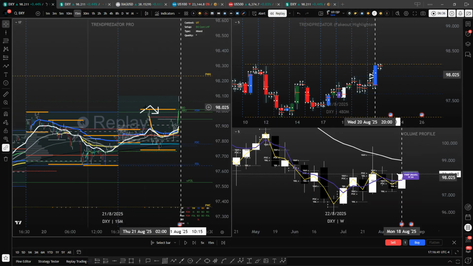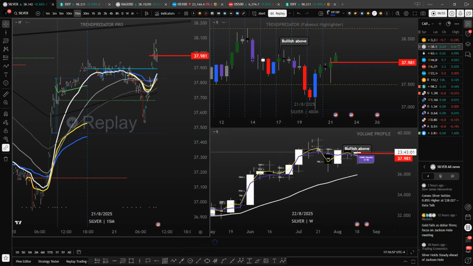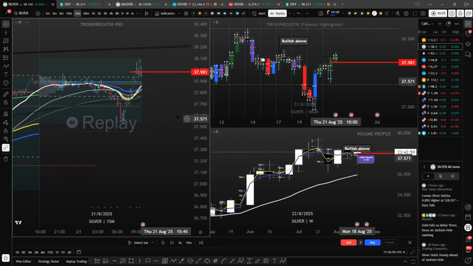And in a nutshell, really, if the dollar is in breakout, then it might be time to sit on our hands. If we've got setups that are looking bullish, let's say in silver, which we were today. So silver is in breakout.